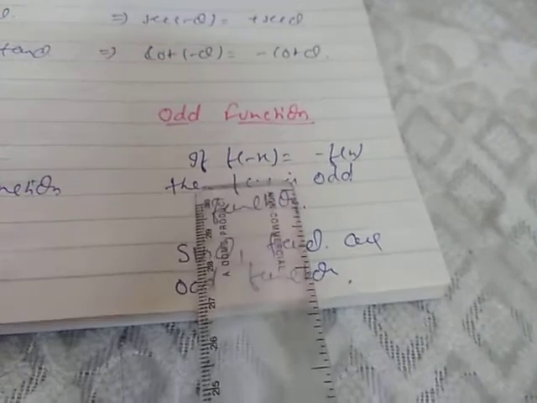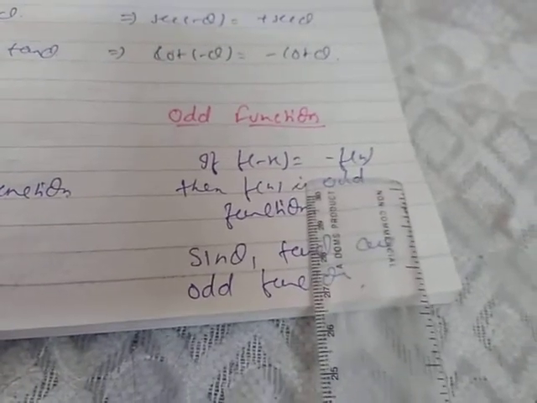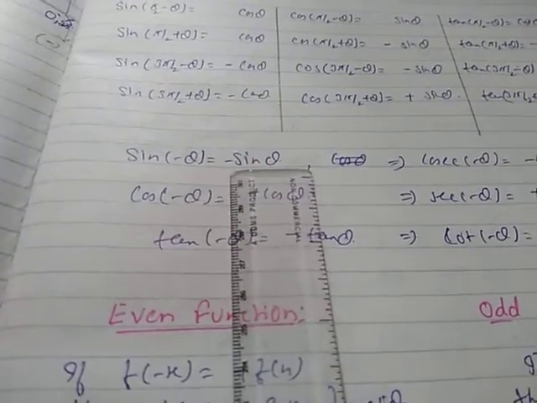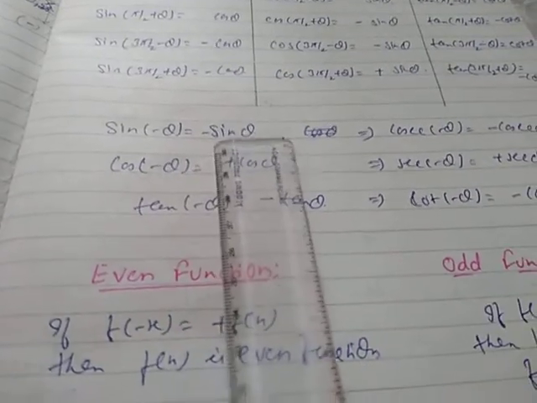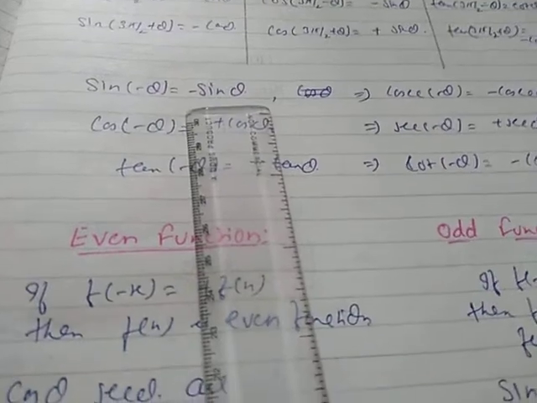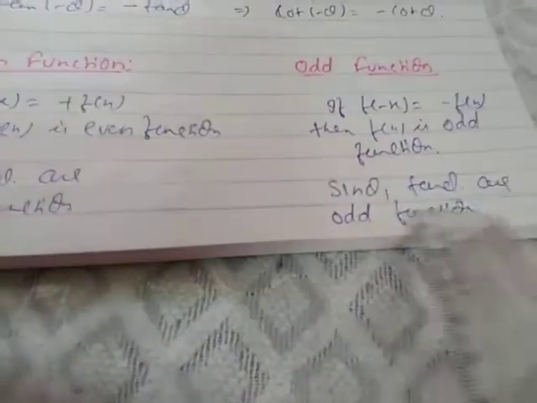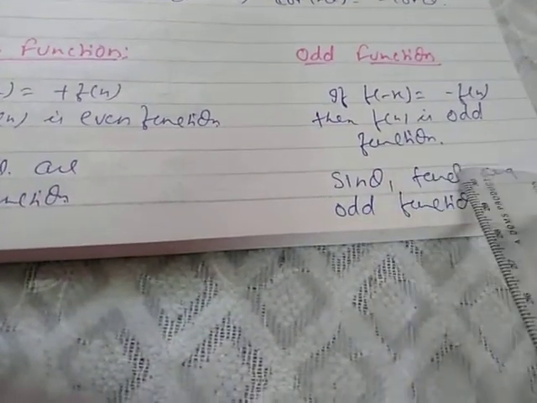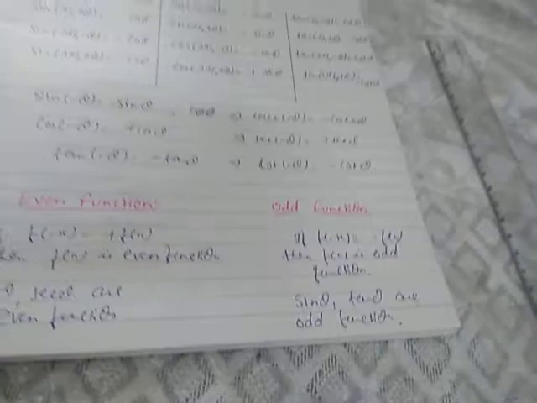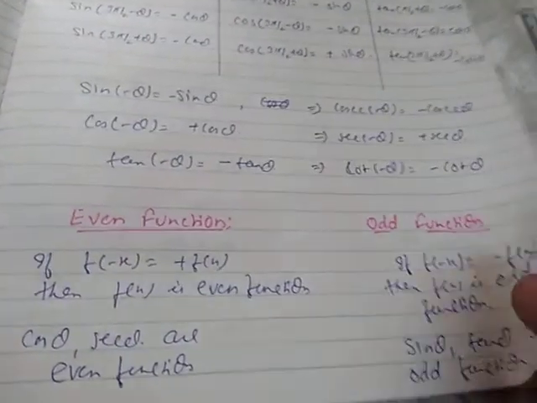If f of minus x is equal to minus f x, then f x is called an odd function. Just see here, sin of minus theta is equal to minus sin theta. That means f of minus theta is equal to minus f theta, so it is an odd function. Hence sin and tan are odd functions. Cos is even, and sin and tan are odd functions.